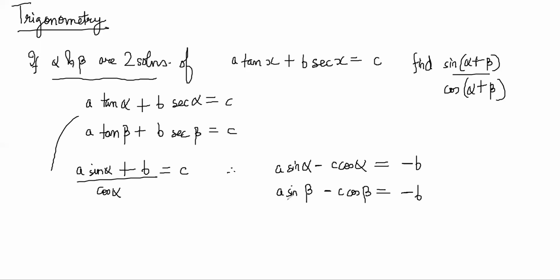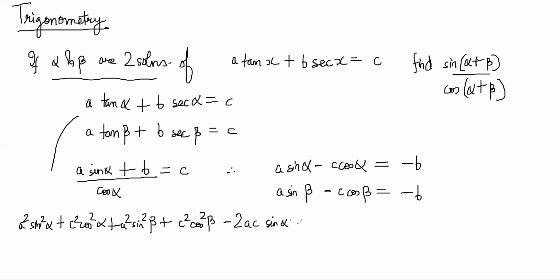Squaring and adding will work, yeah? I think it will work. Let's see. Squaring this and squaring this and adding, it will be a square sine square alpha plus c square cos square alpha plus a square sine square beta plus c square cos square beta, minus 2ac sine alpha cos alpha minus 2ac sine beta cos beta is equal to 2b square.